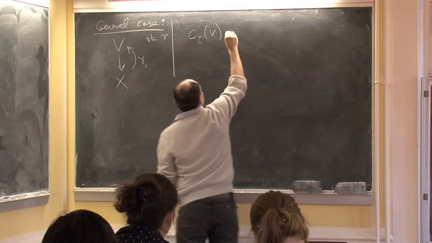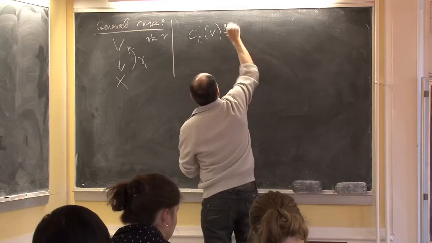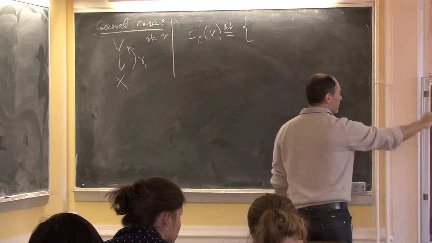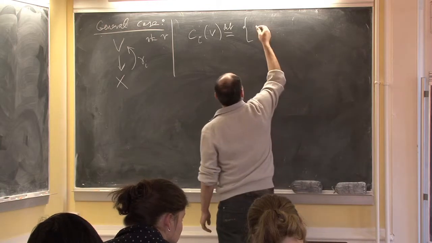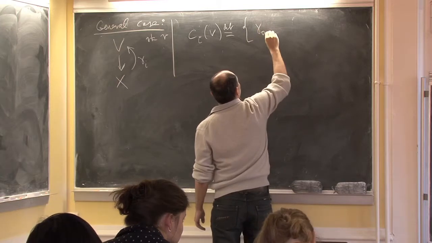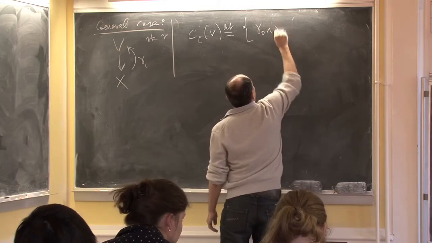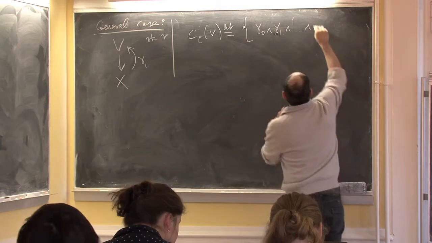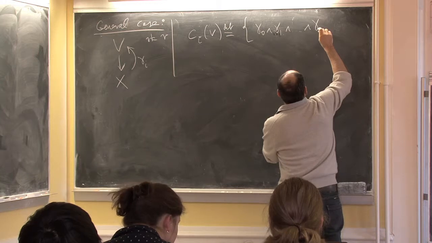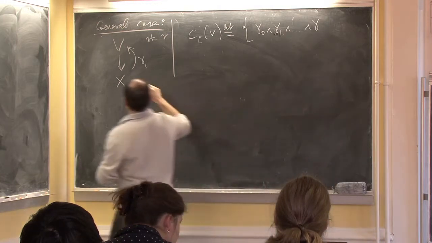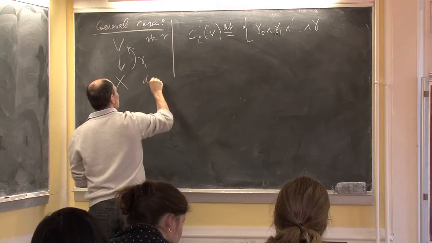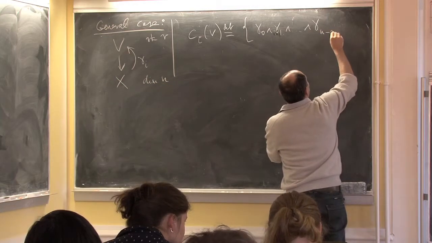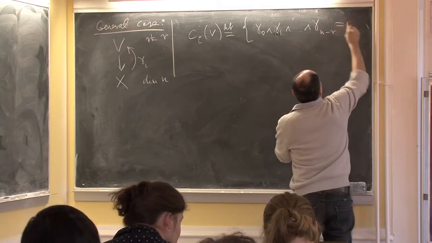of V is just defined in the following way. It's similar to this. You just say that gamma 0, gamma 1, etc., gamma n minus R is 0, where the rank is R and the dimension is n.